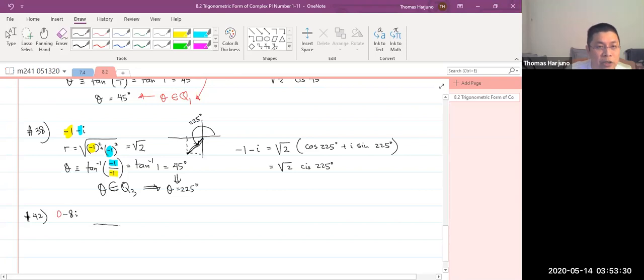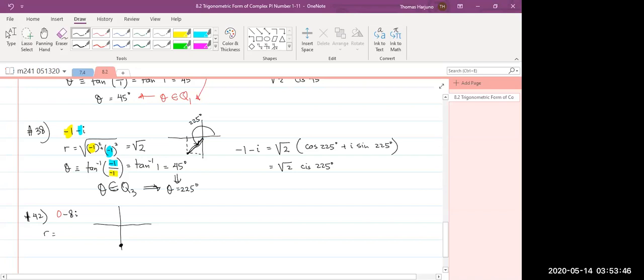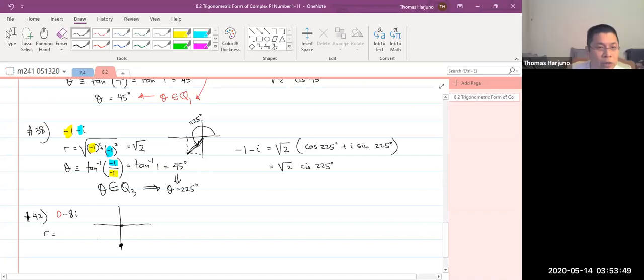When you sketch that, the position is here. So what is the radius? The distance from the origin to that point is 8, just by looking at that. And the theta will be 270 degrees. So negative 8i in trig form is 8 cis 270 degrees.